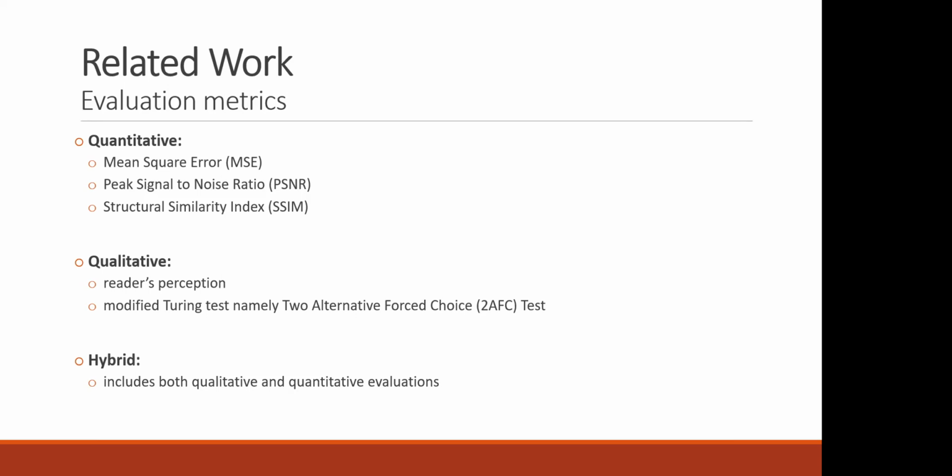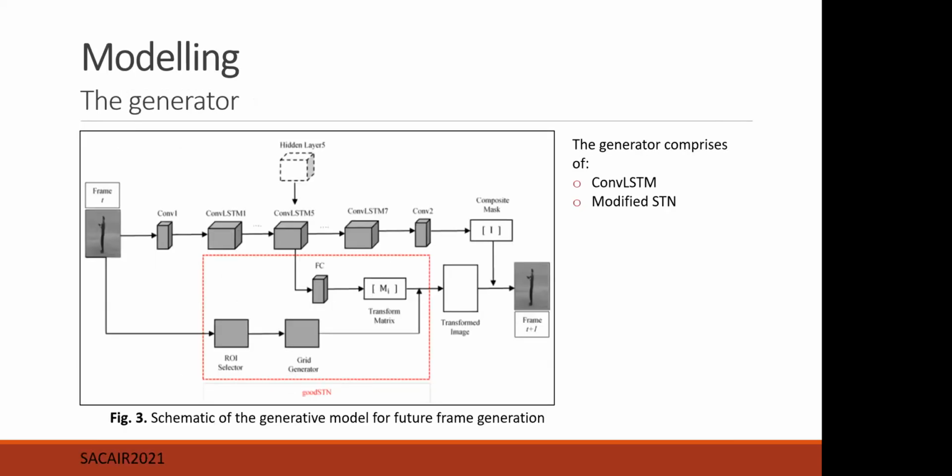Okay, so the modeling of our solution. Our model was based on the model implemented by Finn et al., except the input to this model was simply a 5D tensor, and there was no action or state variables given.